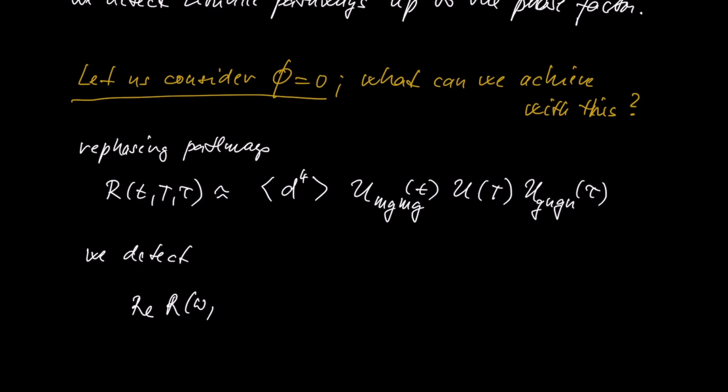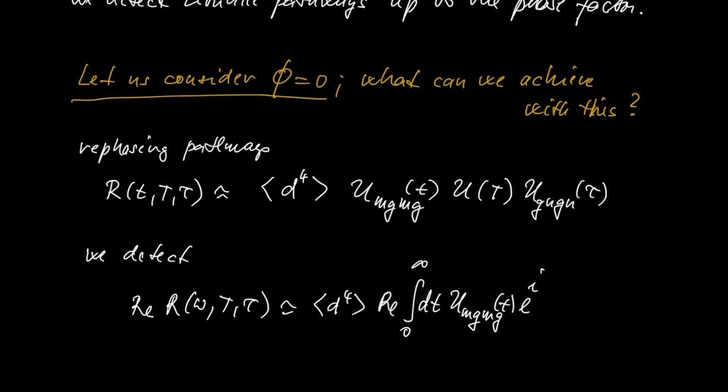So we detect something like this, which is again quite symbolically here the real part of the half Fourier transform in T. Okay, and here we have ut and ug and g and tau.